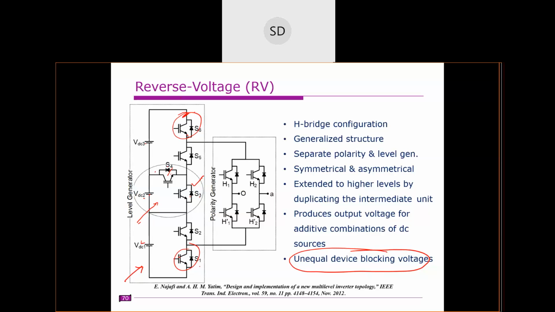Here the blocking voltages are not the same, so these switches are rated for different values. That is the drawback with this topology. The features we discussed are the same: it supports symmetrical and asymmetrical, but it will not support trinary voltage ratios.